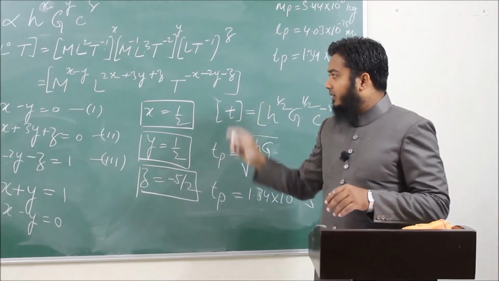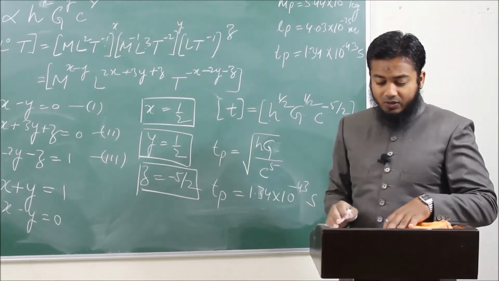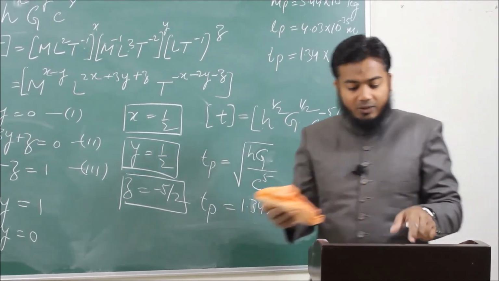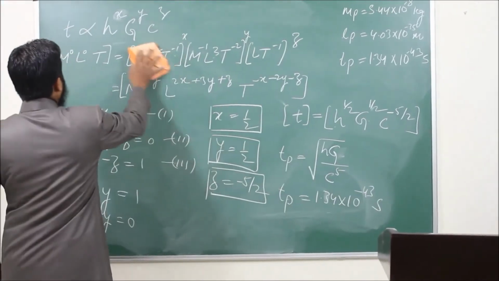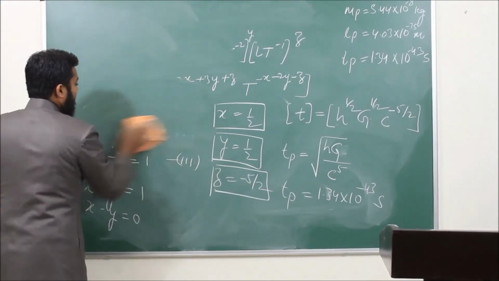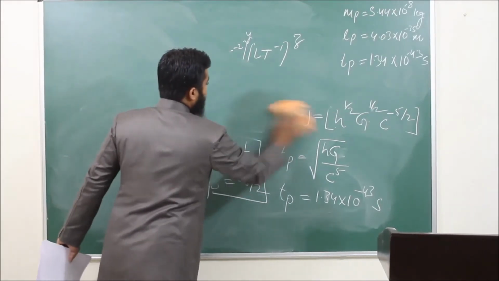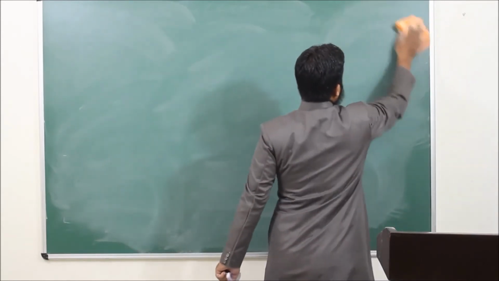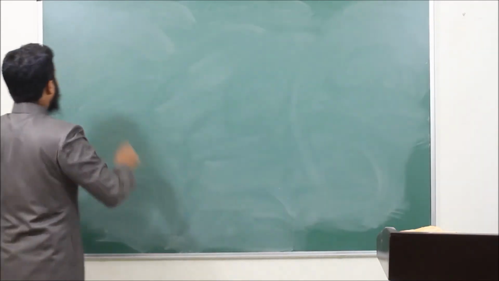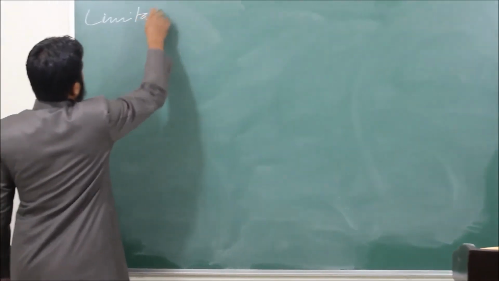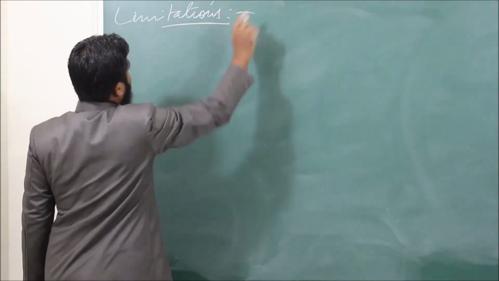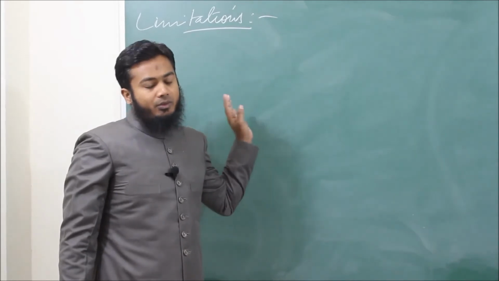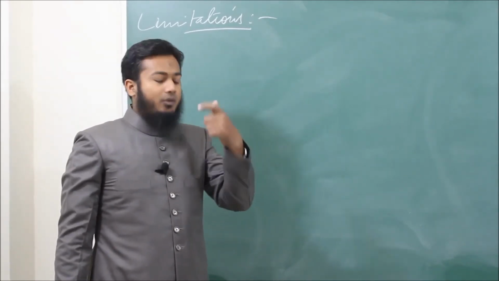Now, along the way, you have seen that this dimensional analysis has some limitations. So let's write down the limitations of dimensional analysis. One of the limitations, you have seen, is that we are not able to find the value of the proportionality constant.